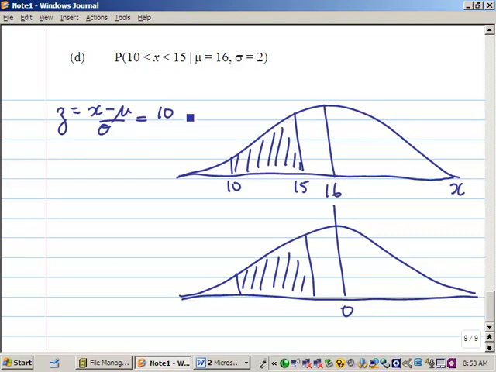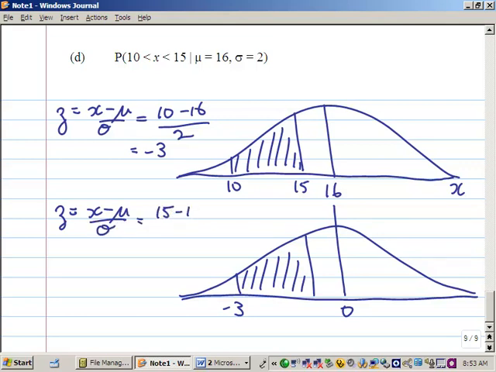Right, the first limit is 10, mean 16, so that's 6 units down. Standard deviation is 2 units, so that's a negative 3. Alright, so 10 is 3 standard deviations below 16. And the other limit, again, x minus mu on sigma.